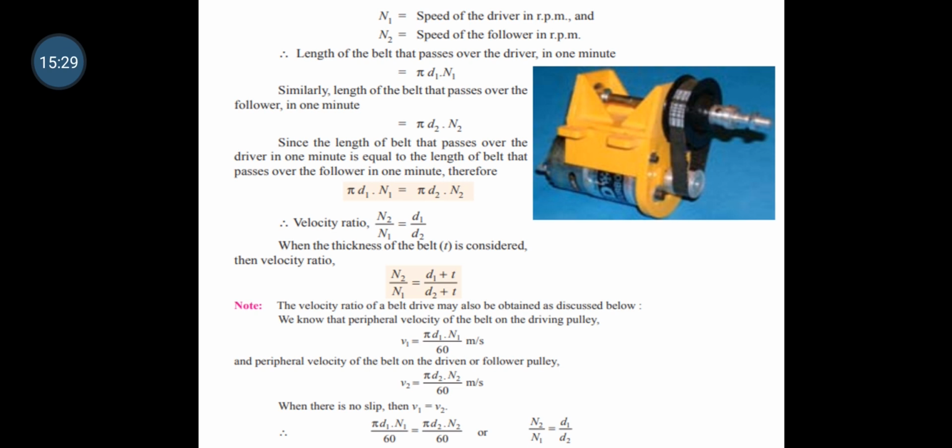You know that the velocity V is equal to pi D N divided by 60 meter per second, and the peripheral velocity of the belt on the driven or follower pulley is V2 equals pi D2 N2 divided by 60 meter per second.